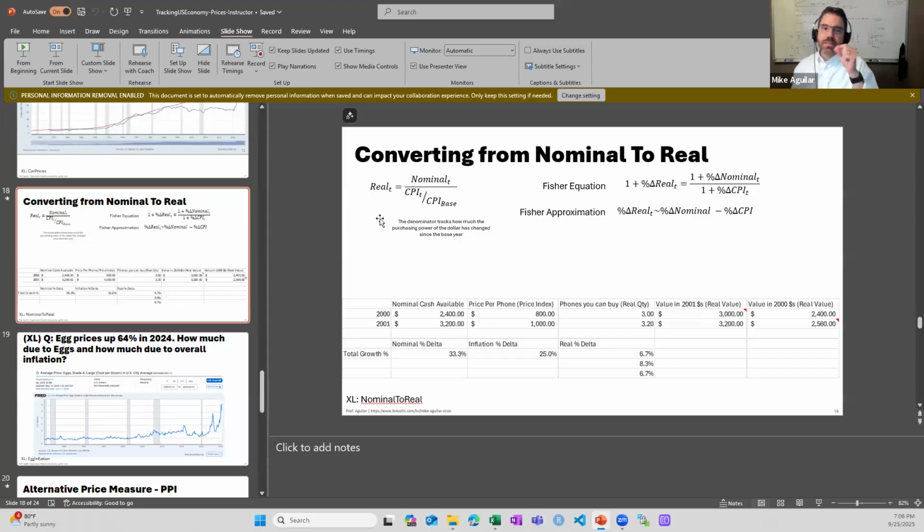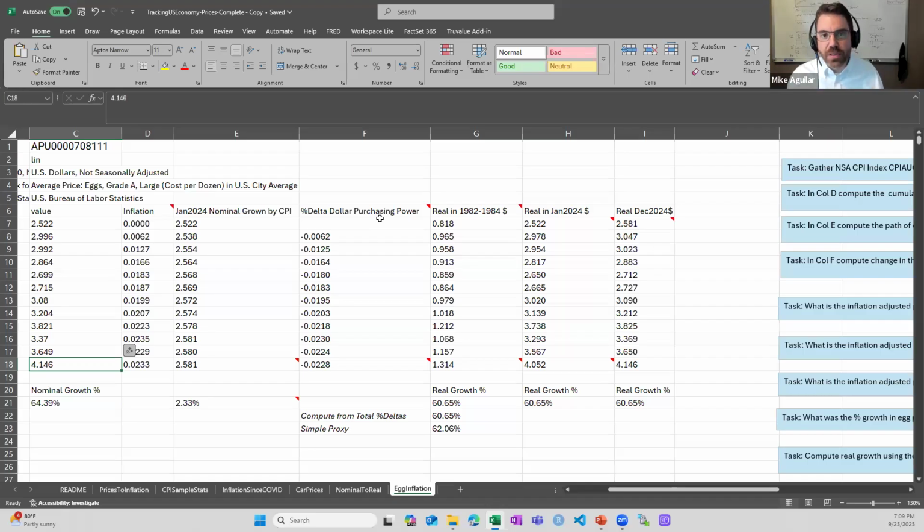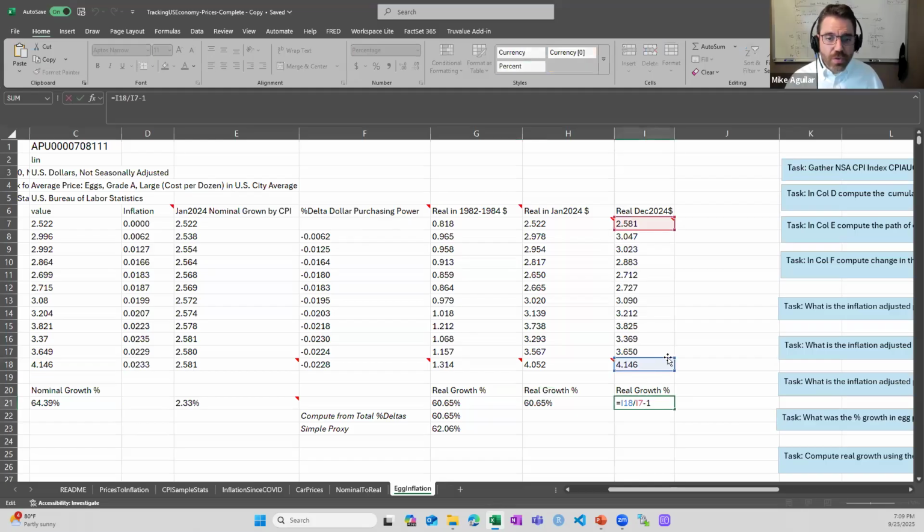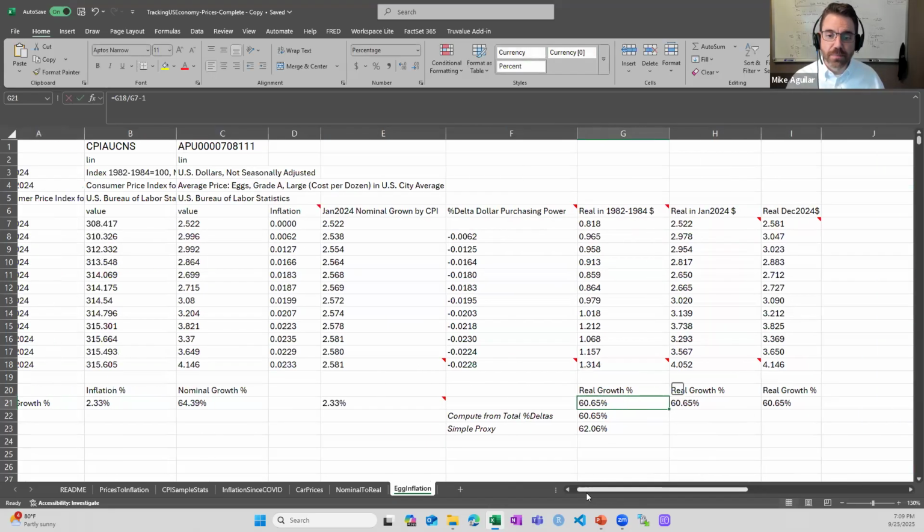If the time period T is the base year, then you do CPI base divided by CPI base, it's just one. And that's what's happening here. So every time you're in the base year, you get real equals nominal. No matter what you use as a benchmark, you get the same level of real increase. All right, my friends, hope that helps.